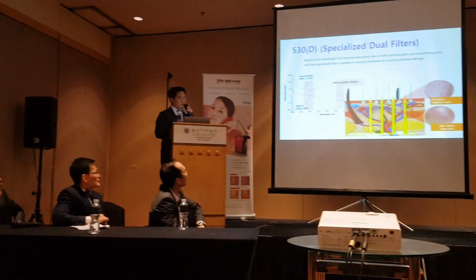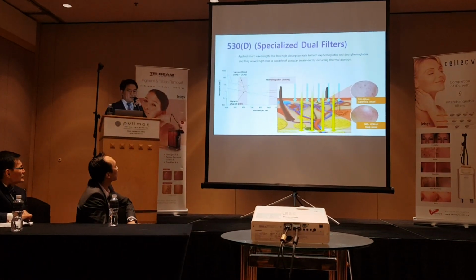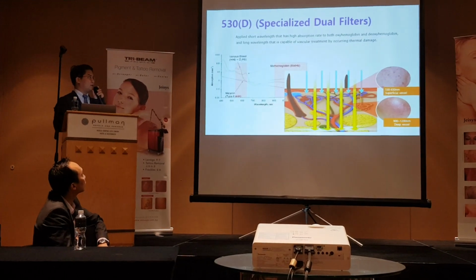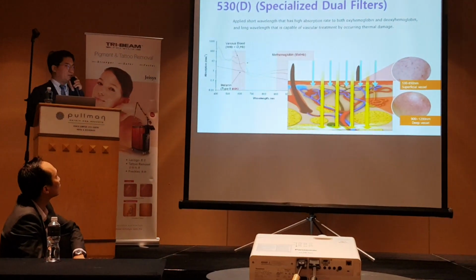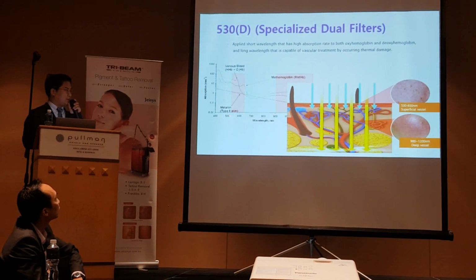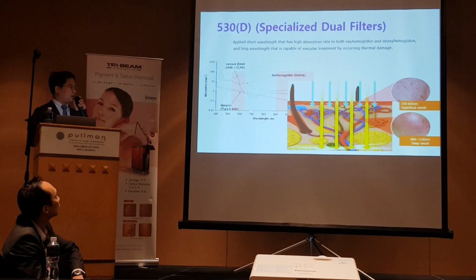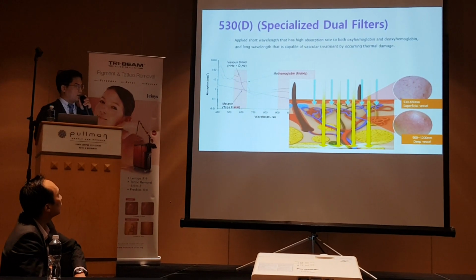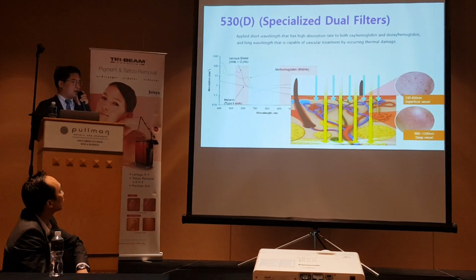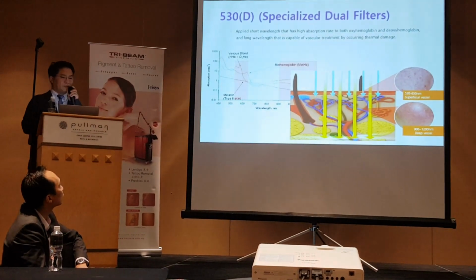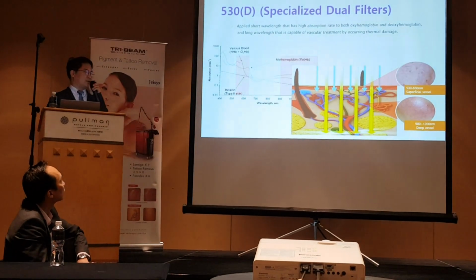Third, the 530D deep photo filter is a specialized dual band filter. The first band is from 530 to 650, and the second from 900 to 1200 nanometers.